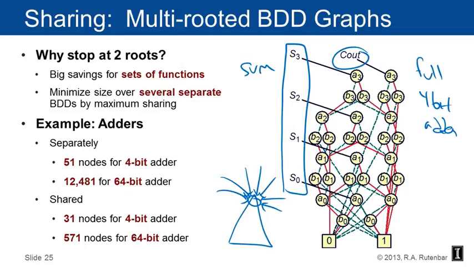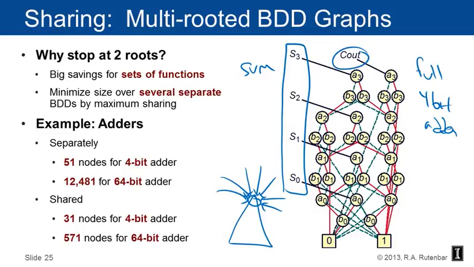So eight things go in, 4 A's and 4 B's, as you can see here, A0 through 3 and B0 through 3. And 4 things come out, 4 sum bits, and 1 carry out comes out. Now, how much savings do you actually get when you do stuff like this?